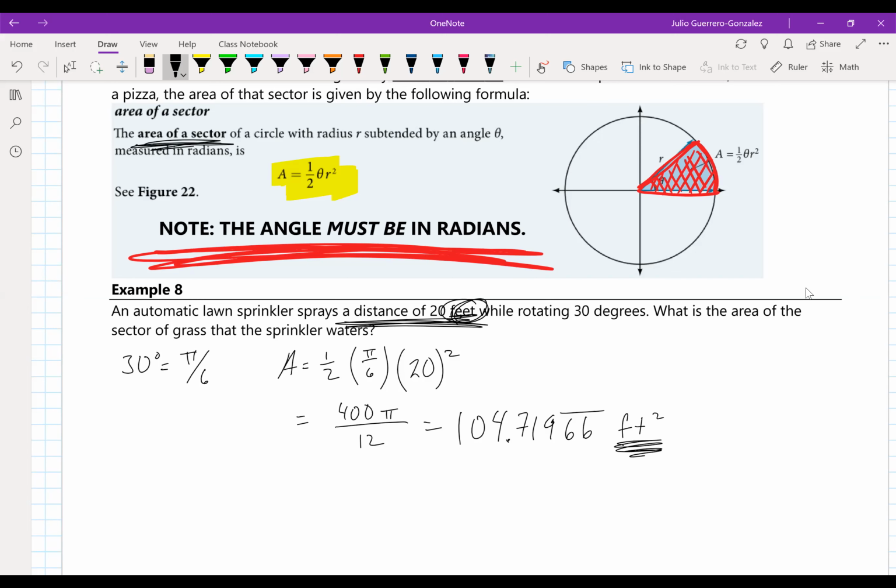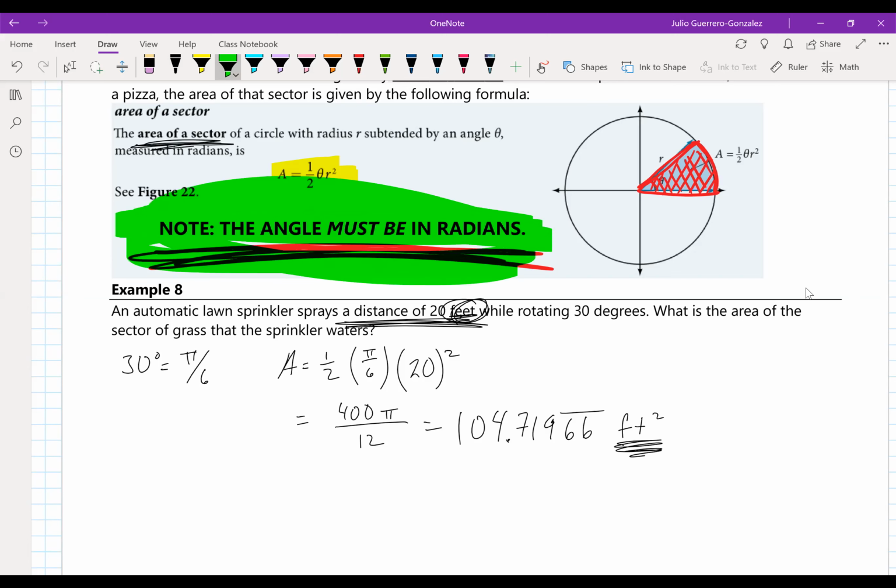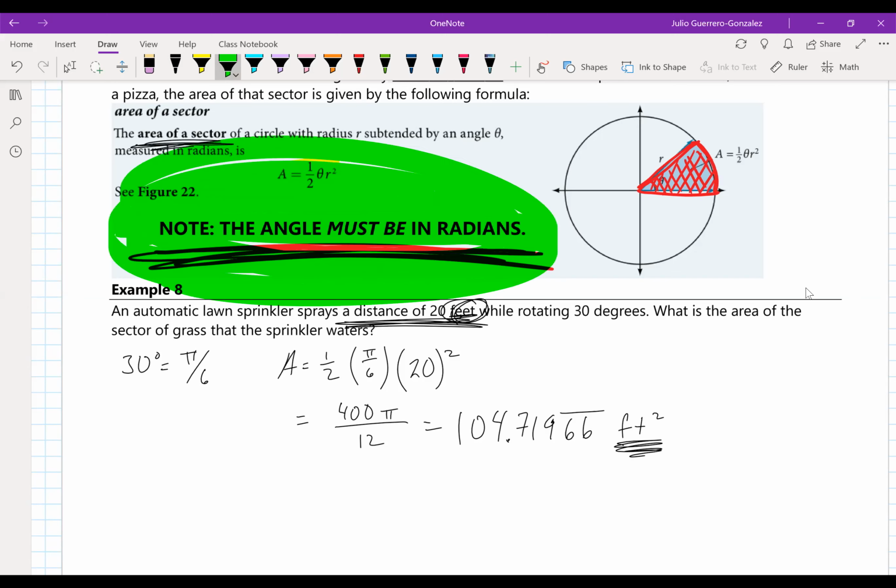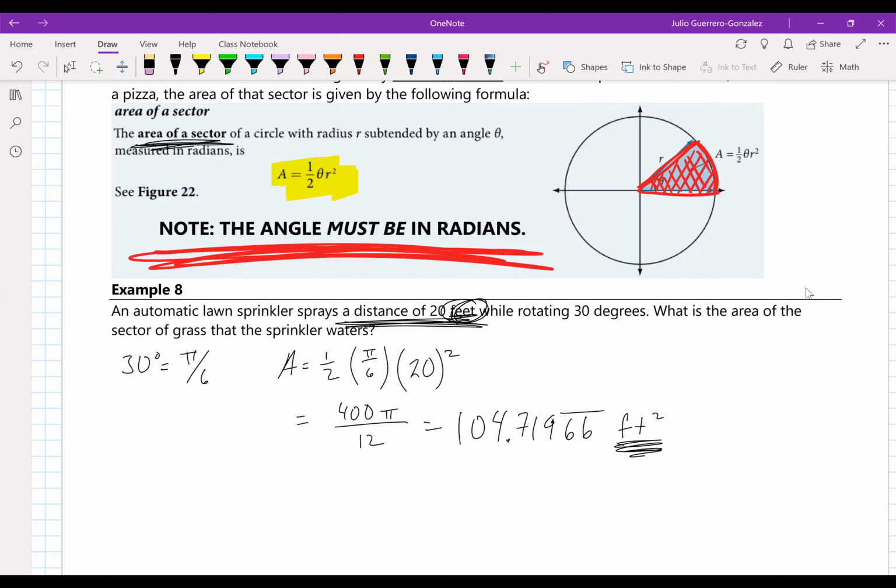The only thing I want to warn you guys about is this: the angle must be in radians. That's the format that looks like pi over 6 or pi over whatever.